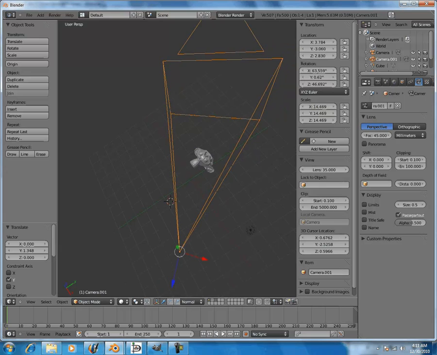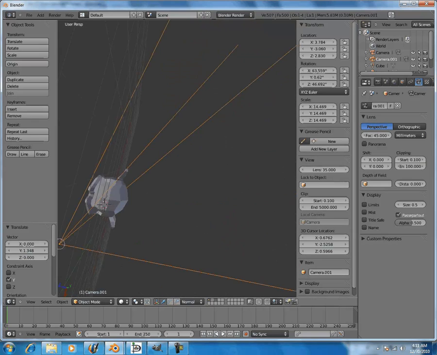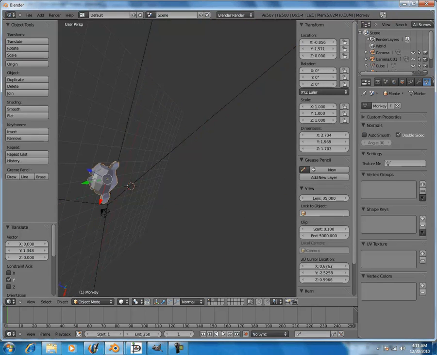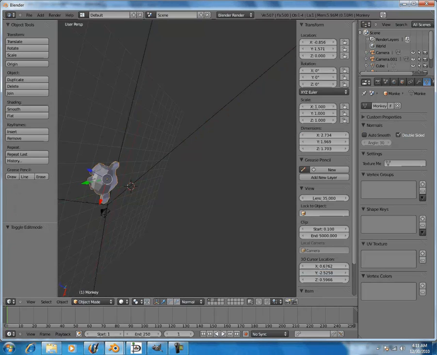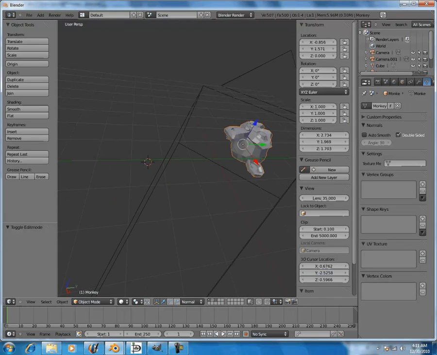Now, with the dot product, we can create something called a facing ratio. Is the polygon within the actual angle of the camera or not? If the polygon is facing away from the camera, we don't need to render it. Obviously, if it's on the back side of this model, I mean seriously, are we really concerned with the polygons on the back side of this model? And the answer, of course, is no. We're not going to see them, right?